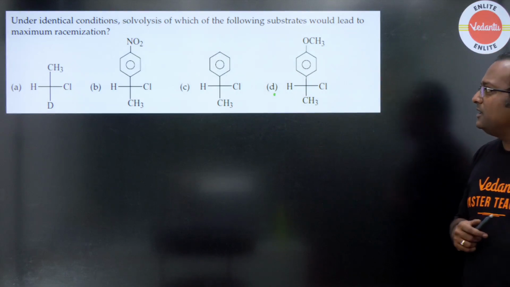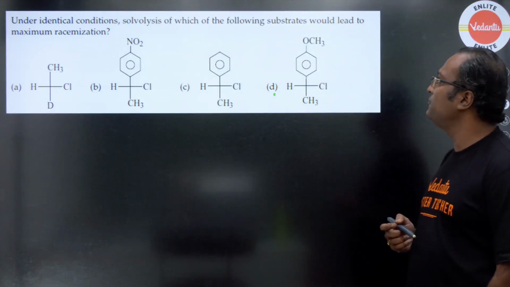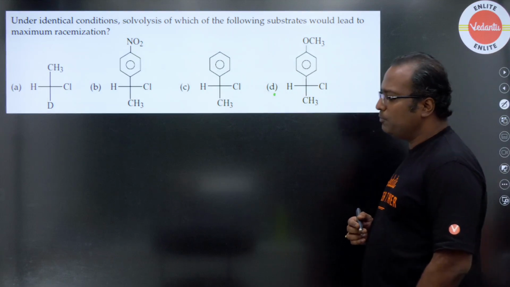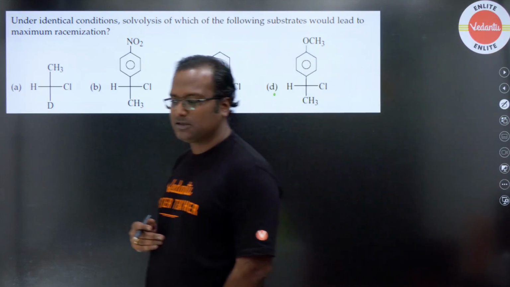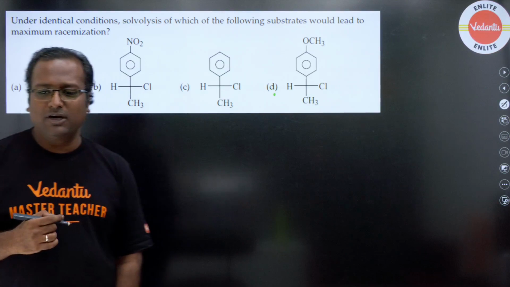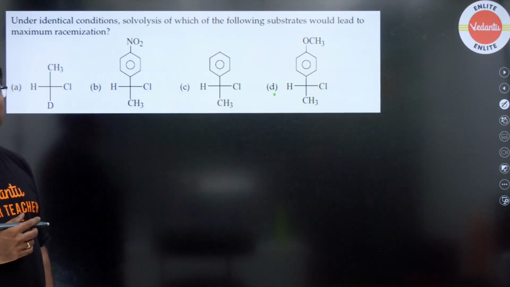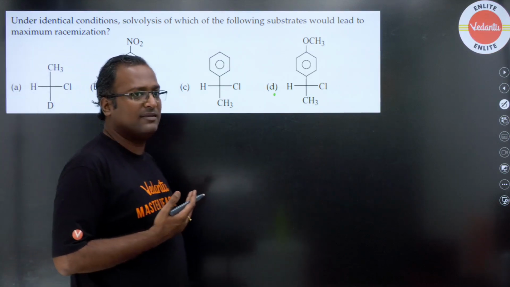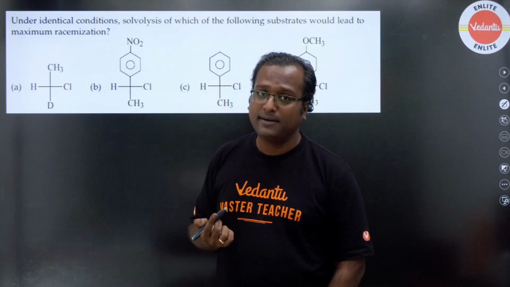Under identical conditions, solvolysis of which of the following substrates would lead to maximum racemization? In the last class we covered what undergoes racemization, or which mechanism has racemization as its characteristic, that is SN1.